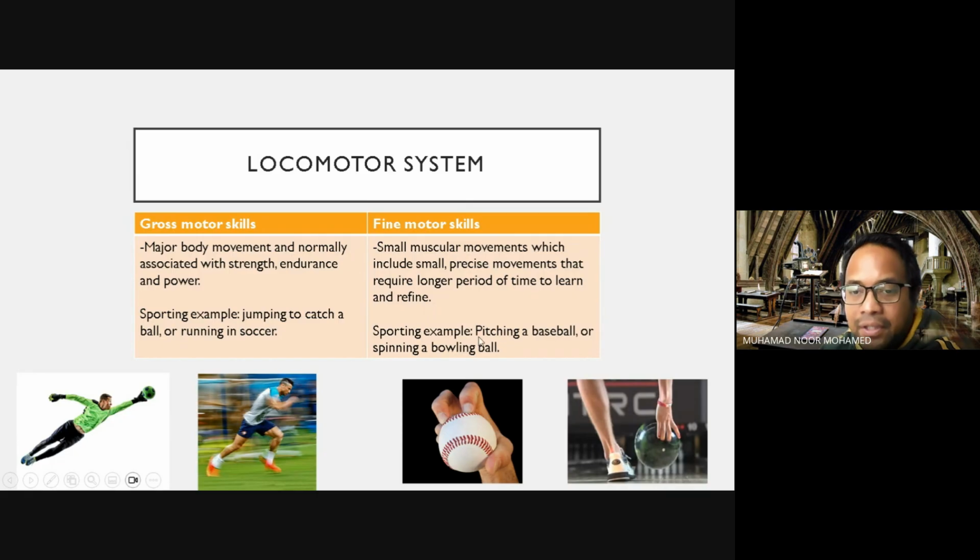For example, pitching a baseball with direct end accuracy, or also spinning a bowling ball.